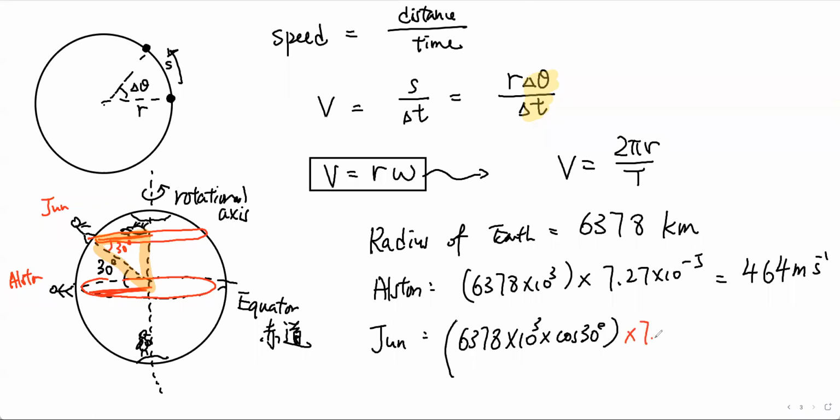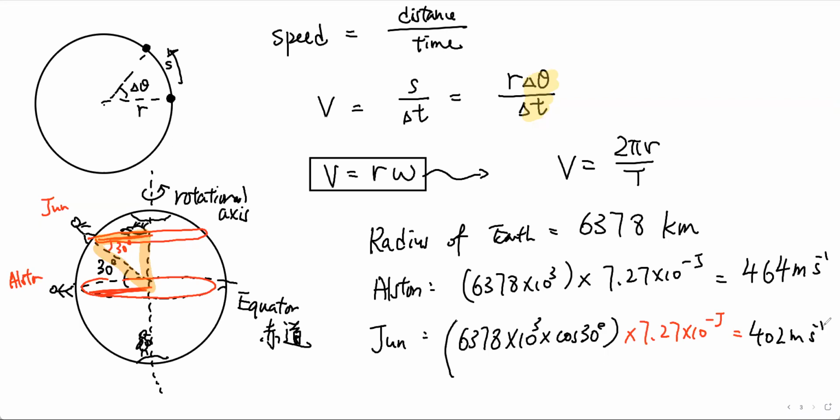And then times the same angular speed. June is moving slower than Elson. The speed of June is around 402 meters per second.